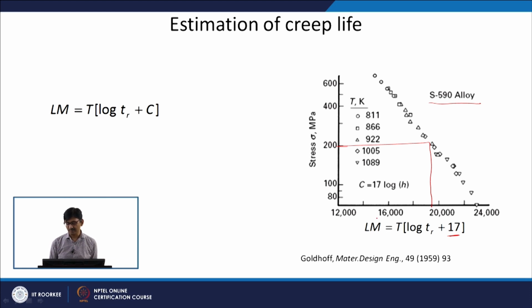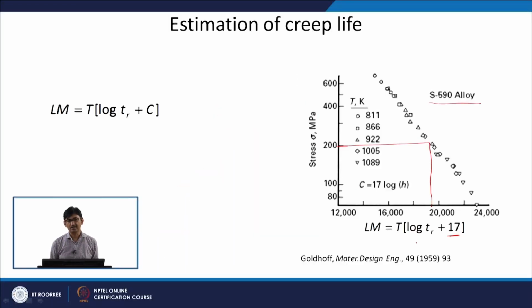So, here it will be 19,500. Temperature, we know for which temperature I am doing the test. So, that temperature will come here. So, I can find out, for this temperature and this Larsen-Miller parameter, what the time to rupture will be, or what the creep life will be.